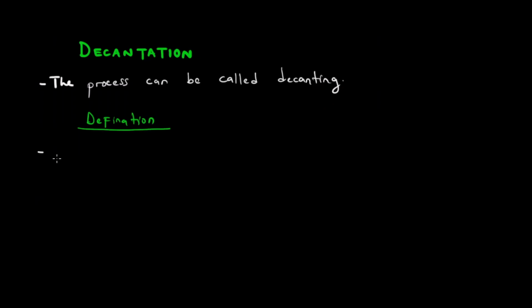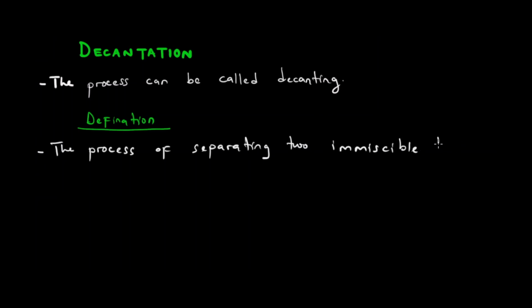So decanting, definitionally, is the process of separating two immiscible, this is a very important word, immiscible liquids, and we are going to explain why they have to be immiscible.